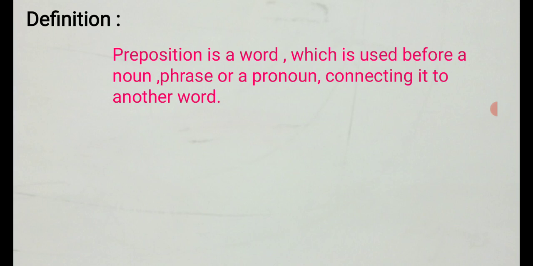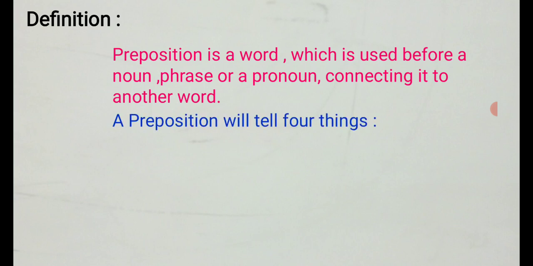It means that we already know that a preposition shows the place of a particular person, place, thing, pronoun or phrase, right? But in a sentence, if there are two nouns and between the two nouns one word is connecting them according to their position, it is called the preposition.